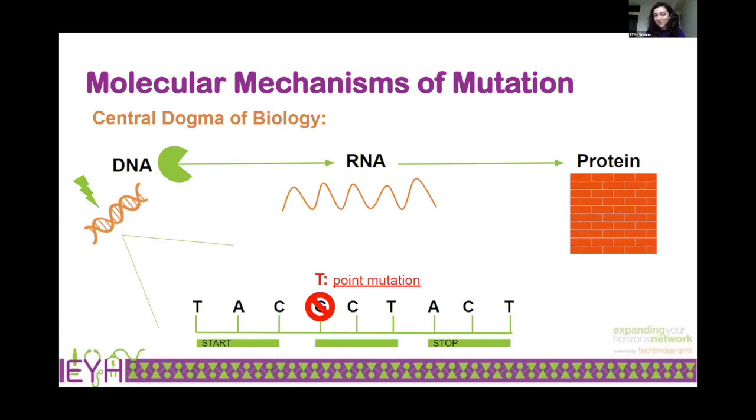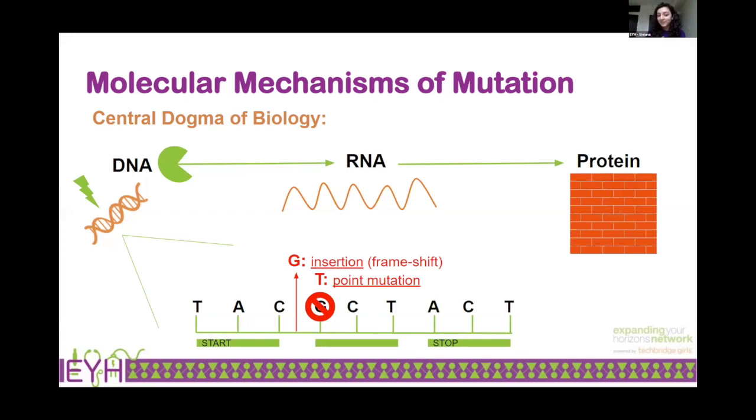Our second example of a type of mutation is an insertion. So an insertion is when there's an extra nucleotide that is added into the DNA template. And this is classified as a frameshift mutation because now that you're introducing an extra nucleotide rather than just replacing one, it is affecting the groups of 3s, the codon functional unit.